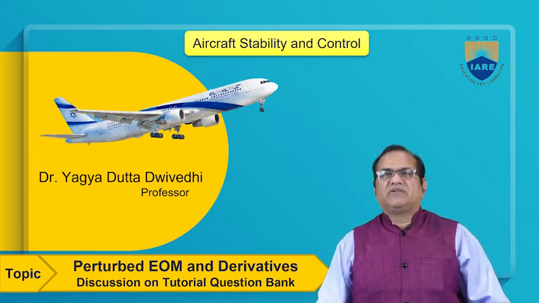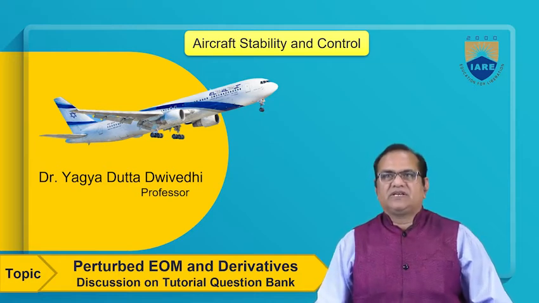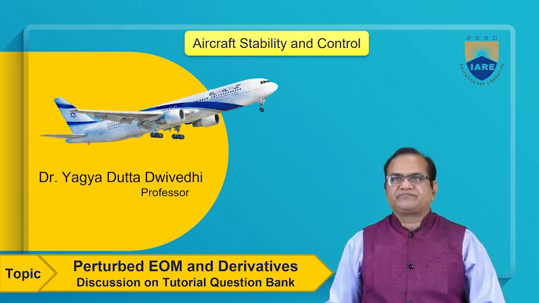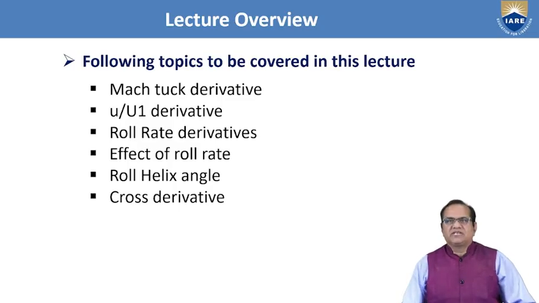Today I am discussing the question and answer of module 4, which is perturbed equation of motion. In today's class I am going to discuss the following topics, and I will take some questions and these questions will be answered.